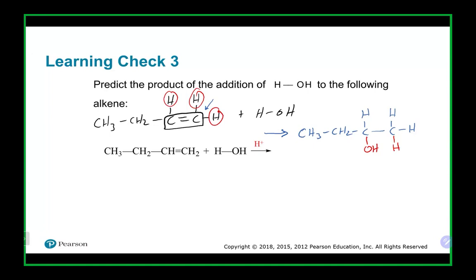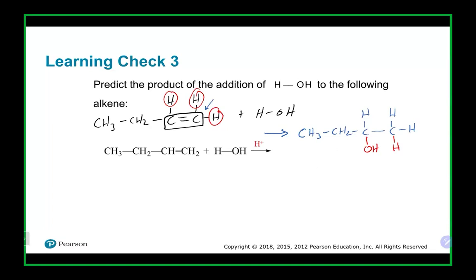For the test, is that okay, or do you want us to put it in the condensed version where the H's? I'd be fine if you drew it like that, to be honest with you. I'm okay with it. But if you want to put it into condensed, or if you want to expand out all the hydrogens, you can, as long as the instructions don't say specifically to draw it condensed or something like that.